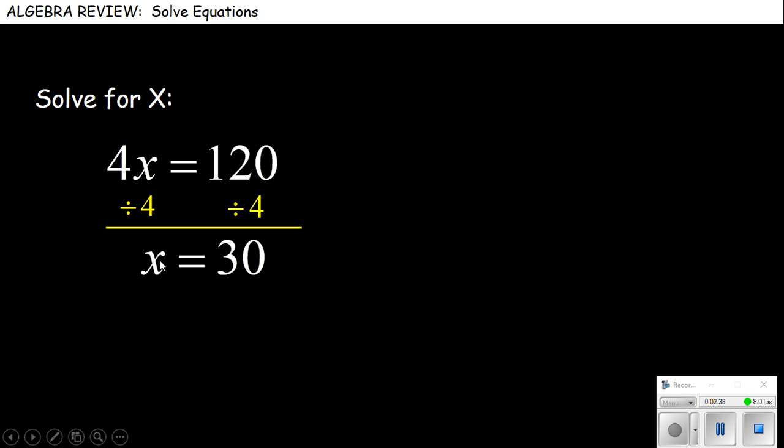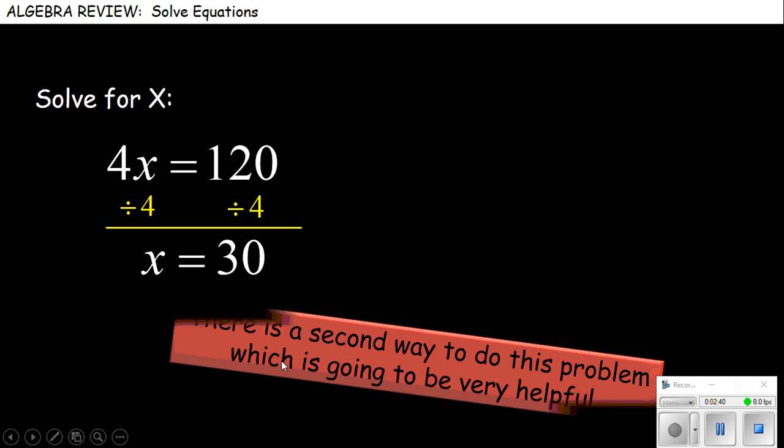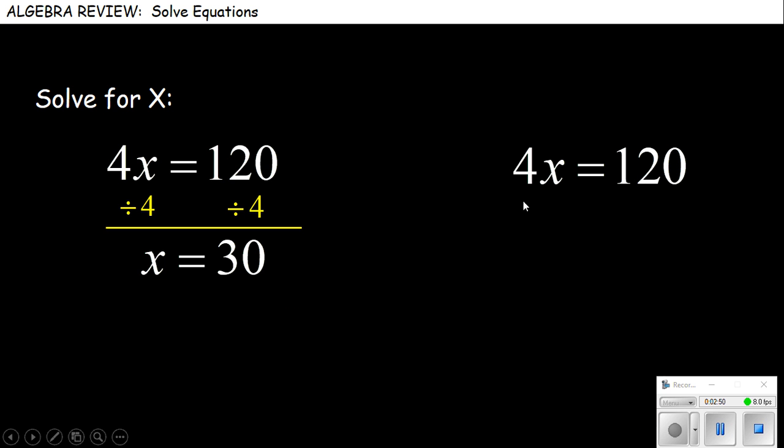Now, there's another way to do this problem that will be helpful for people, because in geometry, there's going to be no avoiding this sometimes, which is dealing with fractions. We could take this same problem, and instead of saying divide by 4, we could multiply by 1/4. Multiplying by 1/4 is the same thing as dividing by 4. But in certain cases, it's going to be easier to use fractions.